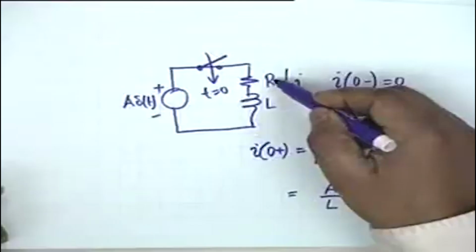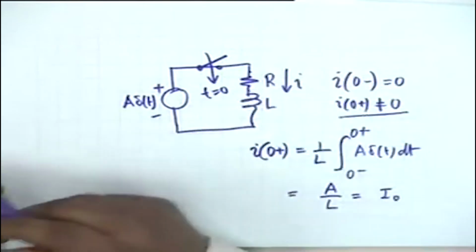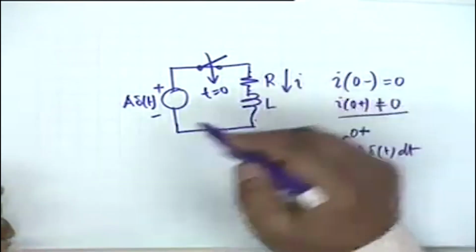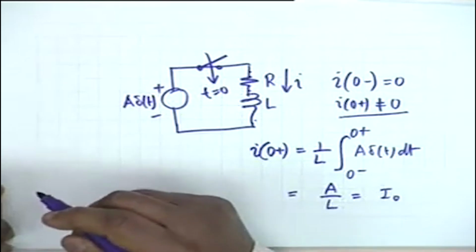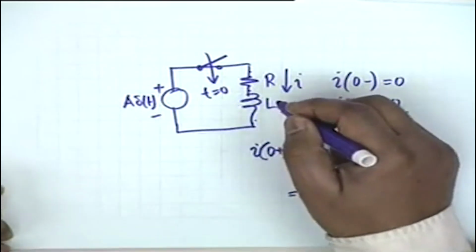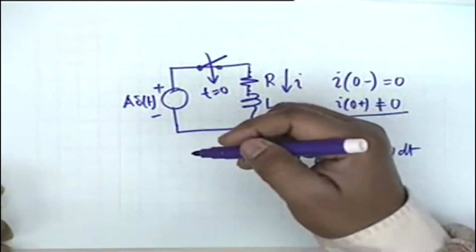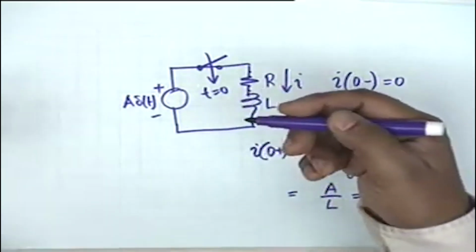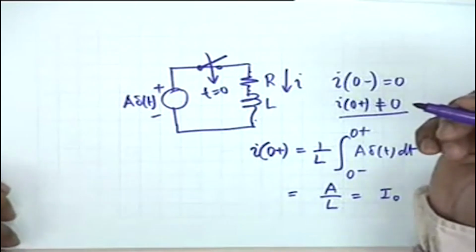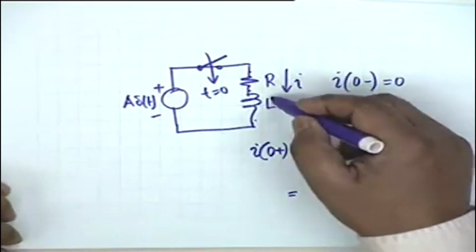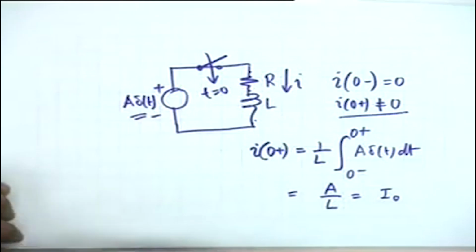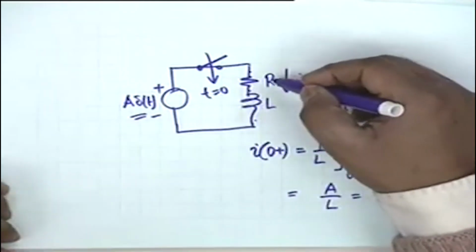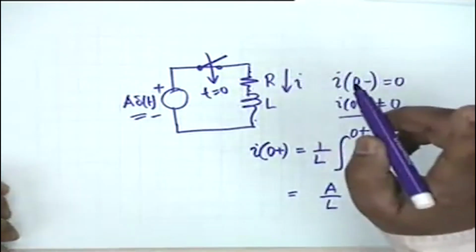It must be a finite current. If it is a finite current, then the drop across R shall be small compared to the drop across L, because L is multiplied by di/dt, and di/dt is infinitely large. There is no current, suddenly a current is established, and therefore L di/dt must be equal to A delta t, because the drop across R is finite.